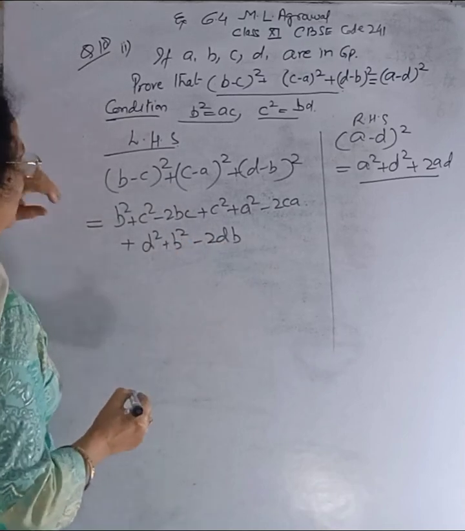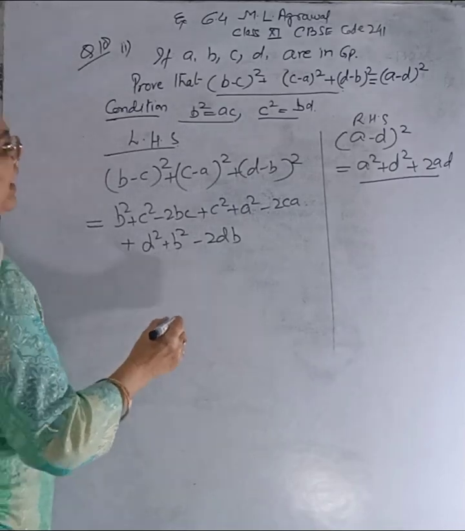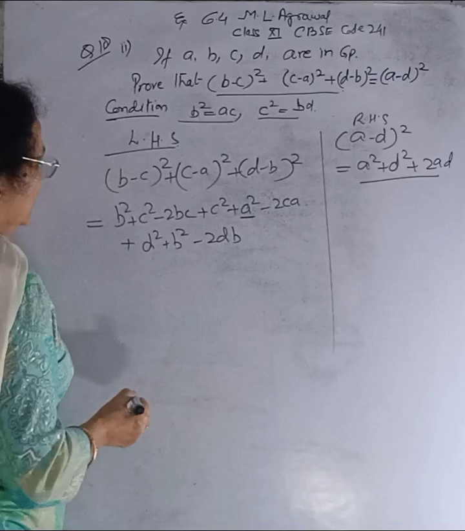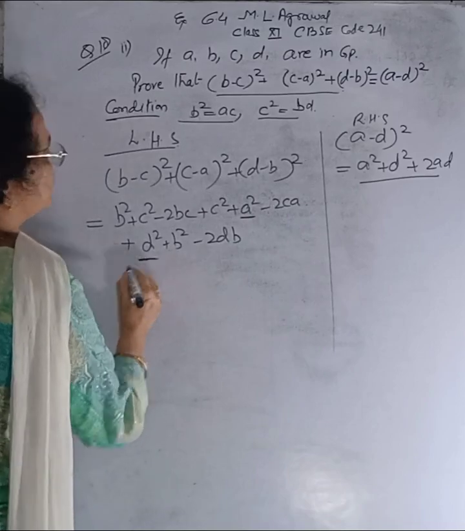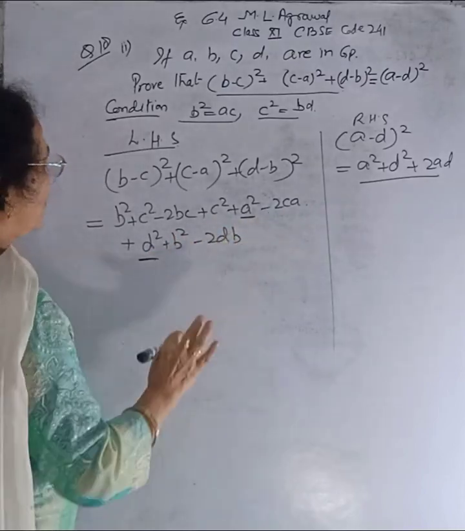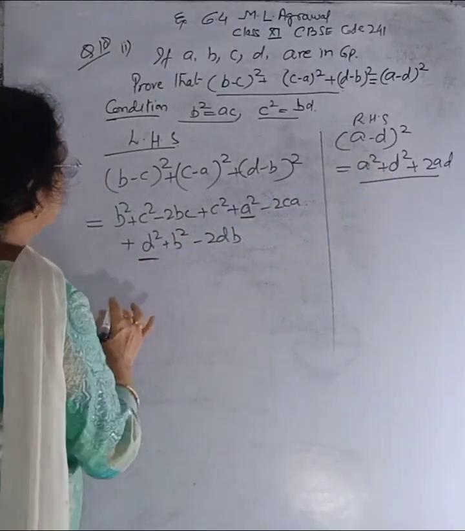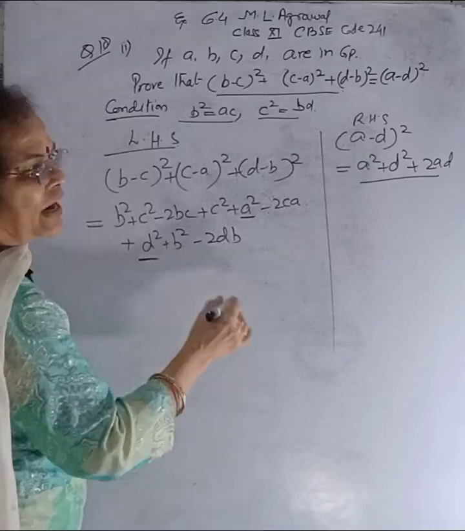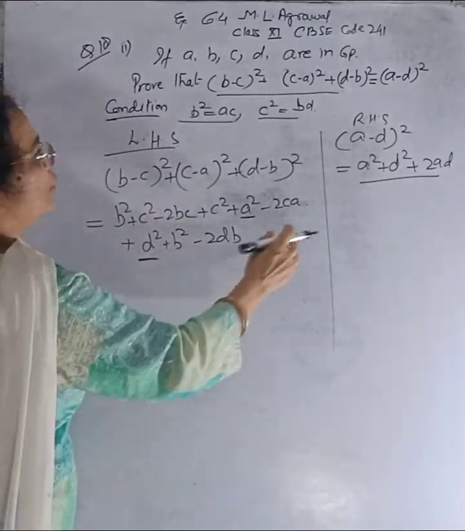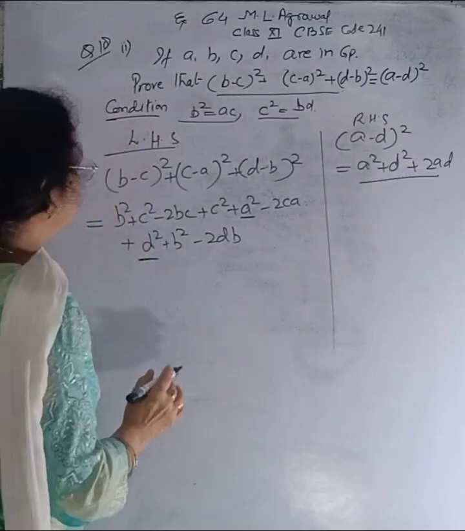Up to this we have to bring 2AD, by subtracting or adding whatever the conditions are. Everything else is to be cancelled.